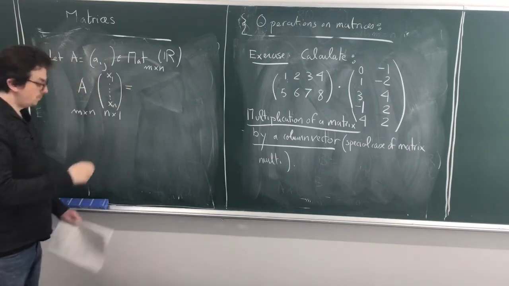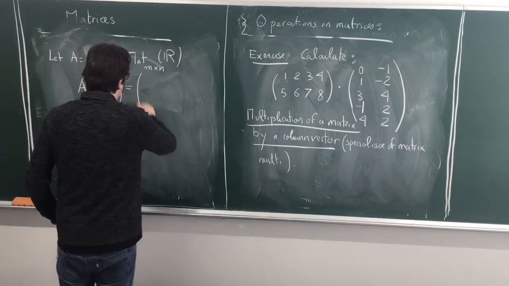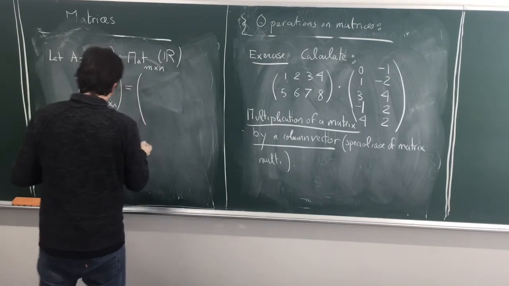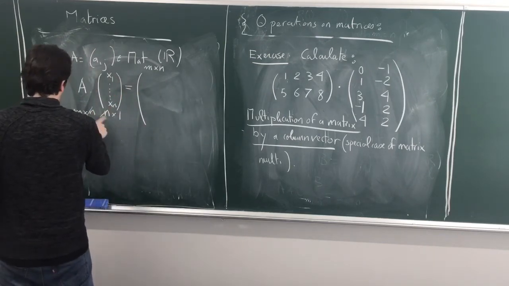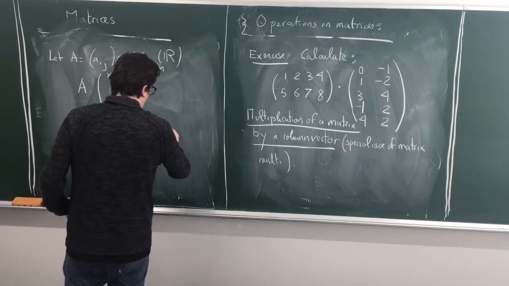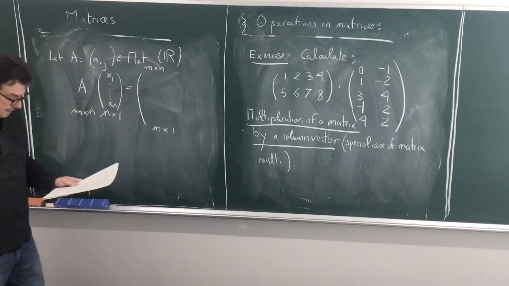So if I apply the previous formula, you just simplify this, and you will get in fact an m times 1 matrix.